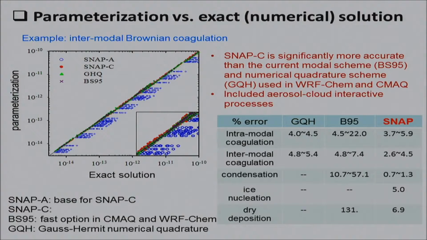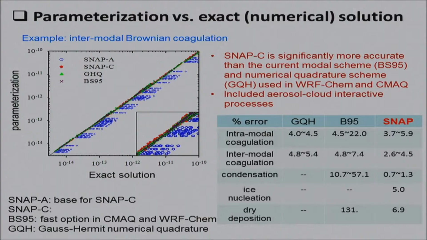SNAP A is the simplest scheme in our method, and SNAP C is the complete method. And the BS95 is the currently used scheme in CMAQ and in WRF-Chem. And the GHQ is the Gauss-Hermite quadrature scheme, which is a numerical integration and should be very accurate. It's also one of the options in the CMAQ and WRF-Chem scheme.